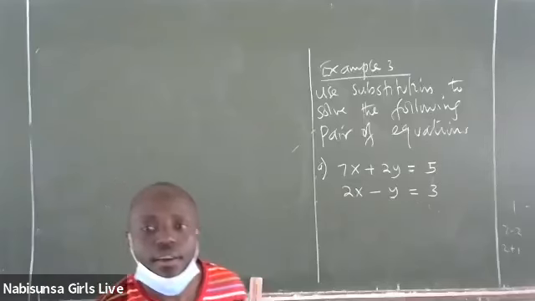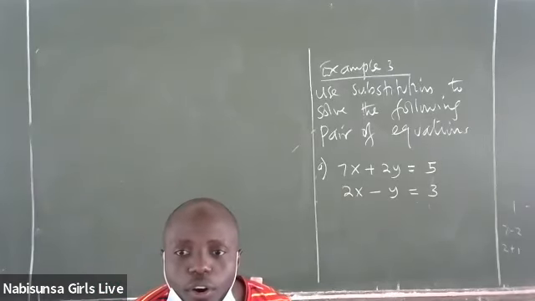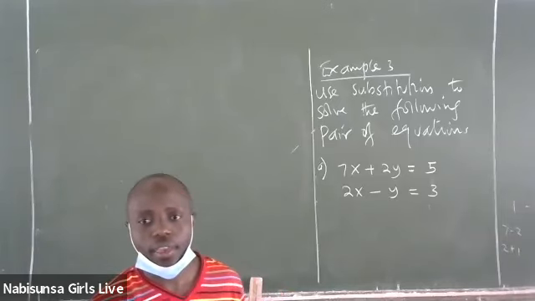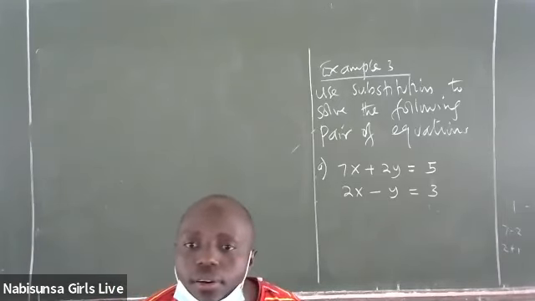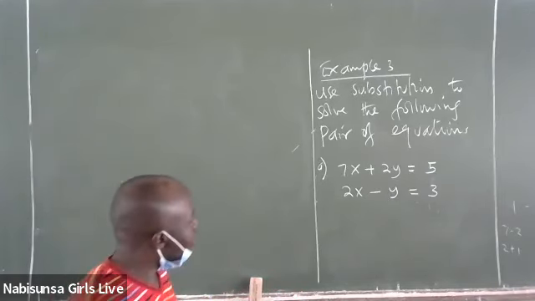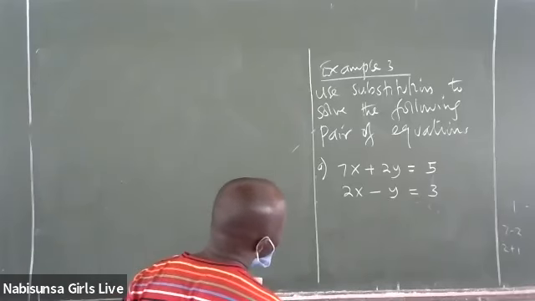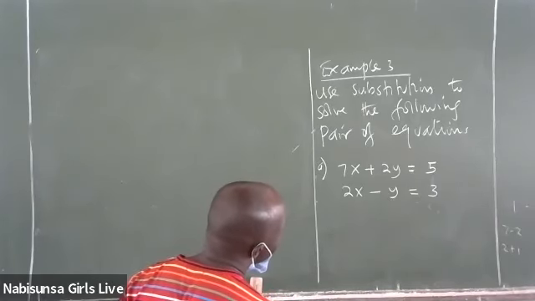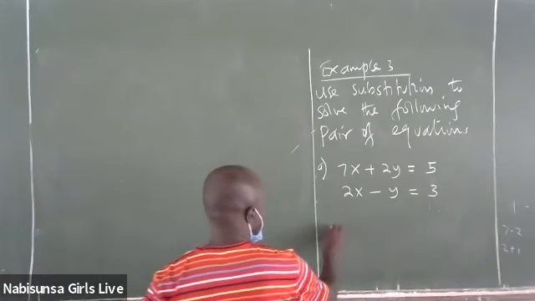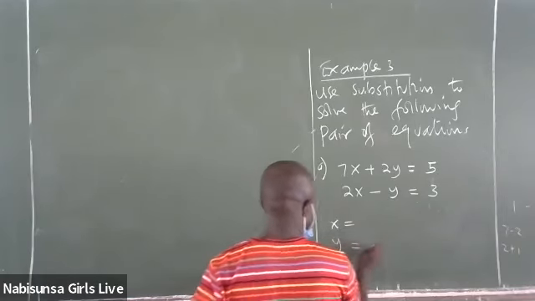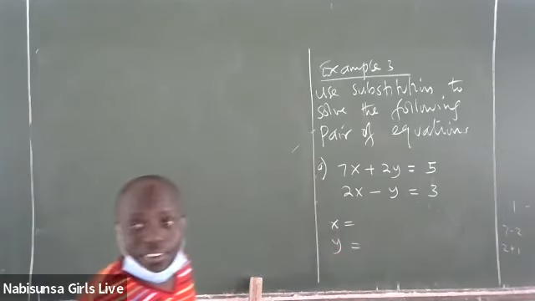My y was 4 and my x was 3.5. Teacher, my y was 3 out of 11, and my x was 7 out of 11. Teacher, my x was 1 and my y was -1.